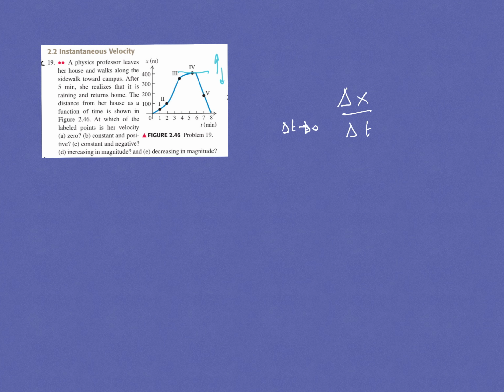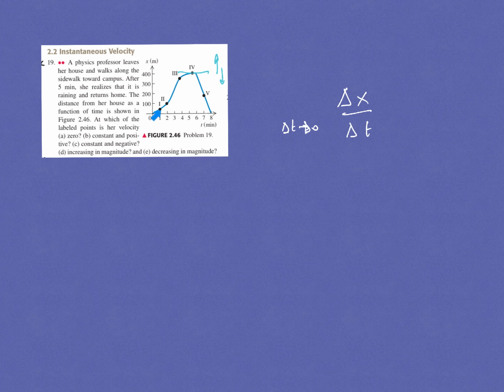B, constant and positive velocity. Well, I see here a constant velocity because the graph is a rectilinear line. This one is a curve, so it's not constant velocity. So constant and positive velocity is on this segment.